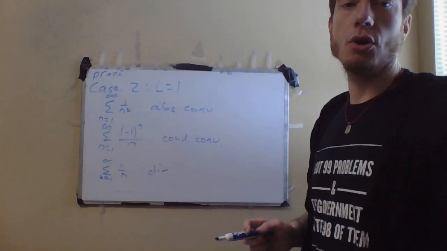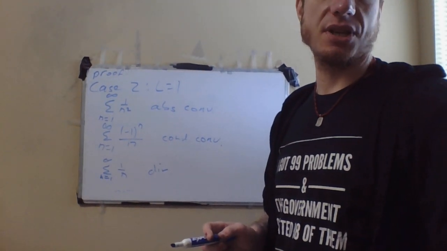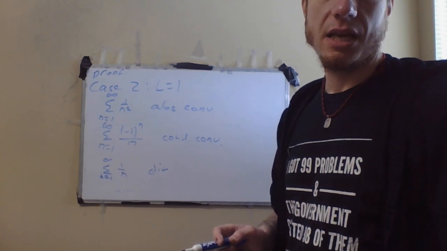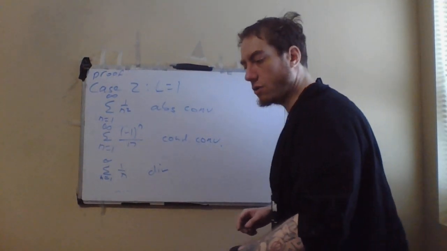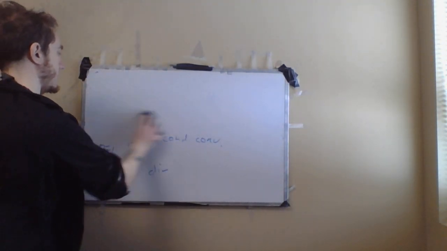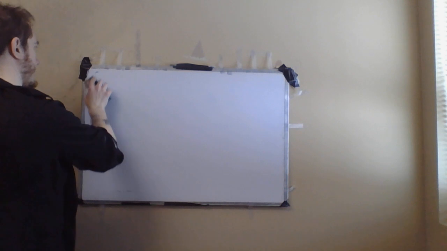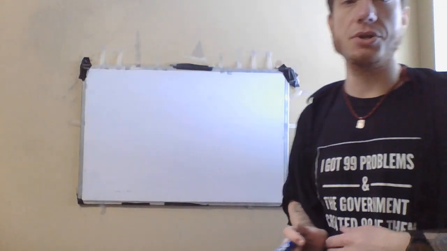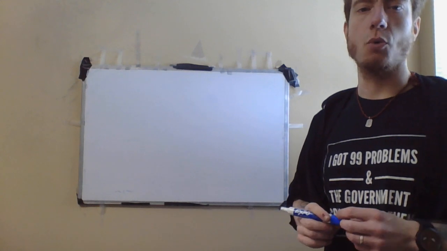So let's take a look at some examples here of doing this kind of thing. So here is one that is possible to do by using one of these tests.